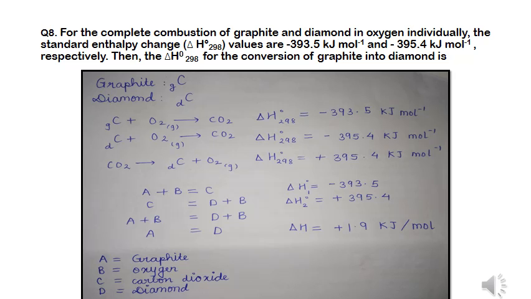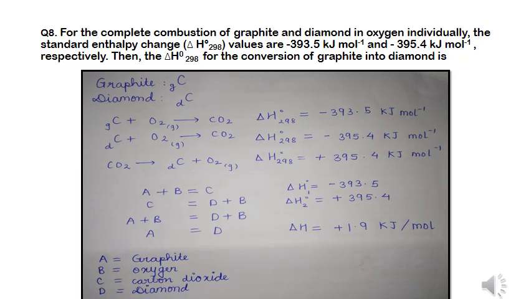Now I add these two reactions. If you look carefully, the product of the first reaction is the reactant for the second reaction. So C and C will get cancelled and you will get A plus B is equal to D plus B. If we add the enthalpies for each individual reaction, you will get 1.9 kilojoule per mole.